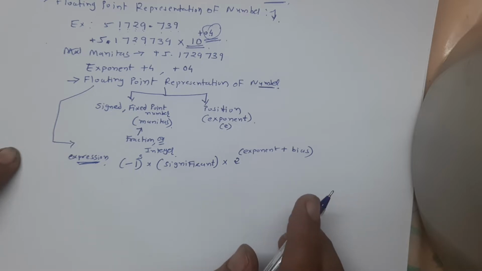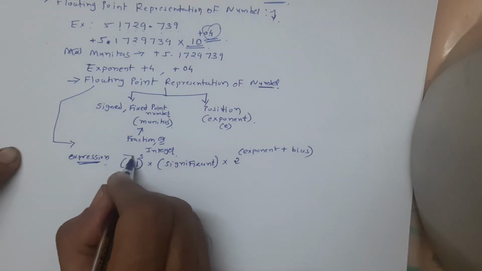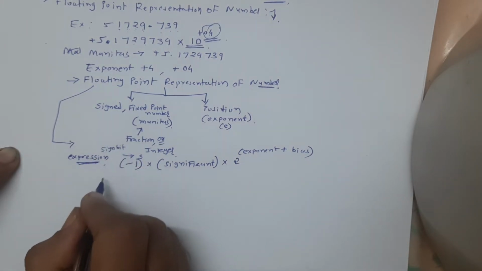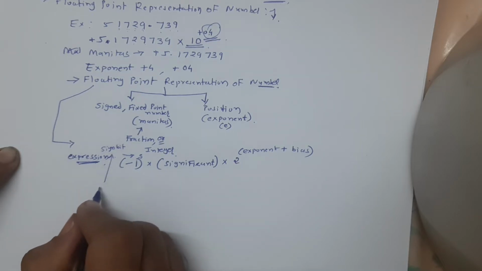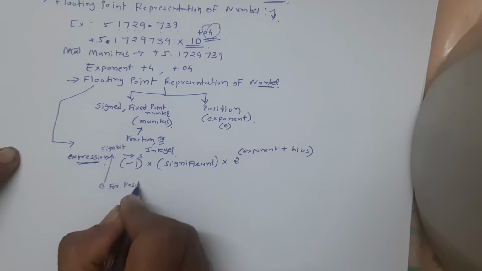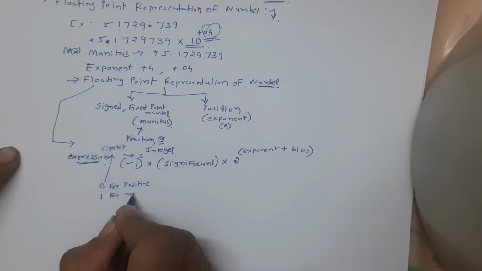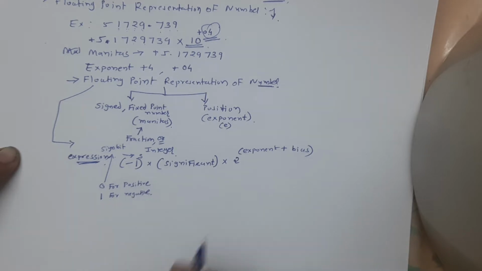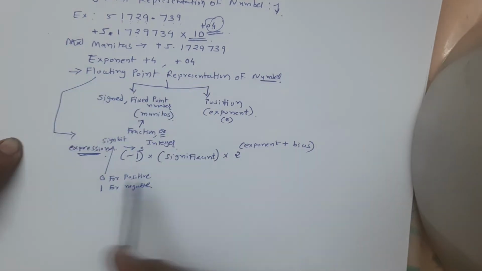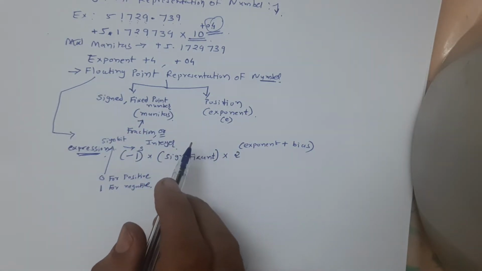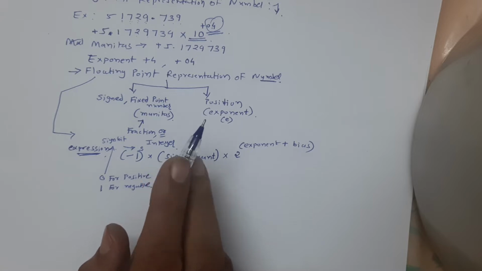Here S is the sign bit, defined as 0 for a positive number and 1 for a negative number. So you just follow this chart. All of this is very easy to remember.